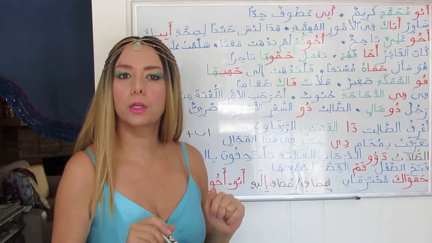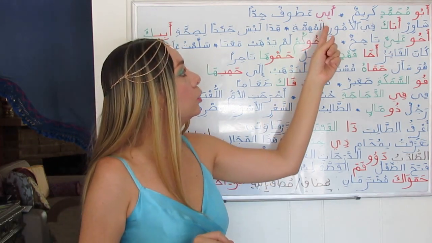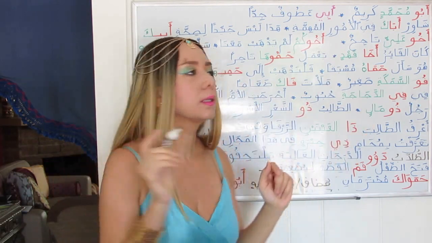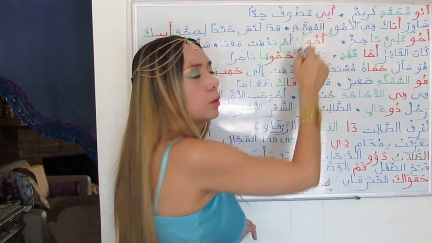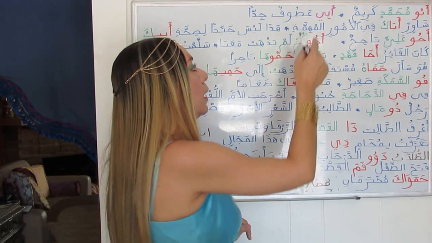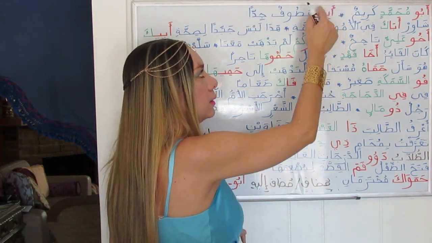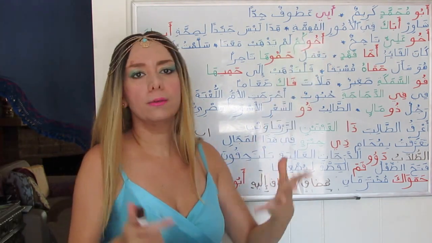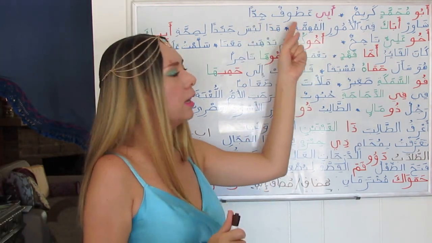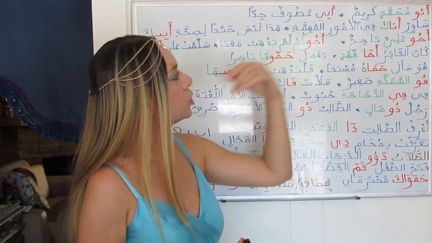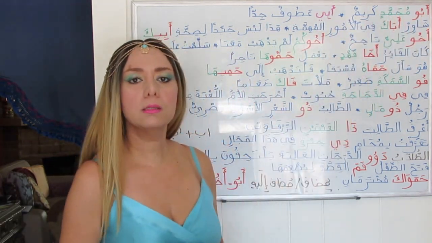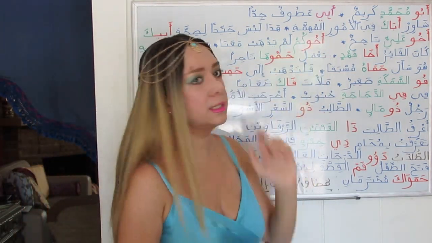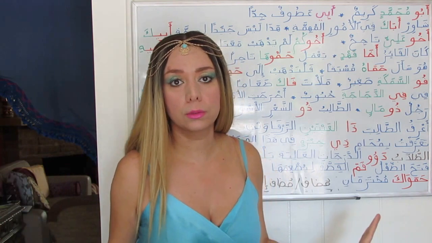It is just a regular noun in the nominative case with an implicit dhamma on top of the ba. And the ab is mudaf and ya is mudaf ilayh. Alright? So my father is very affectionate. So Abu is one of the 5 nouns but not Abi because of this ya, and ya is not allowed.